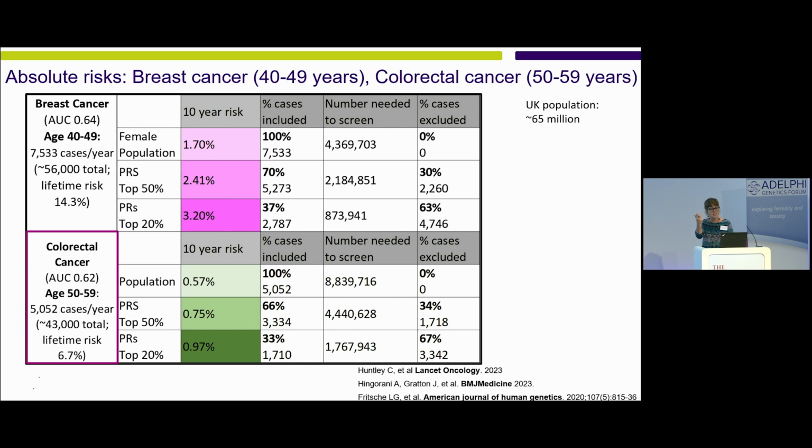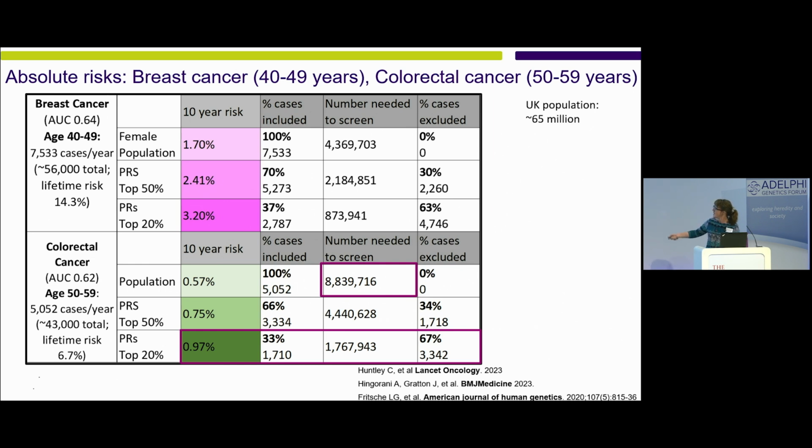Same for colorectal cancer. There's a real drive to bring down colorectal cancer screening, which currently starts at 60. They want to bring it down. Could you work with polygenic risk scores? Again, the absolute risks are low. Even in your top quintile by polygenic risk, it's less than a 1% risk over 10 years. So again, that's pretty low frequency.